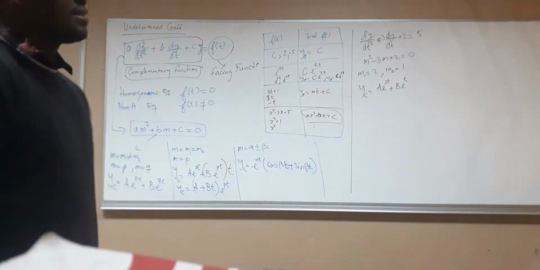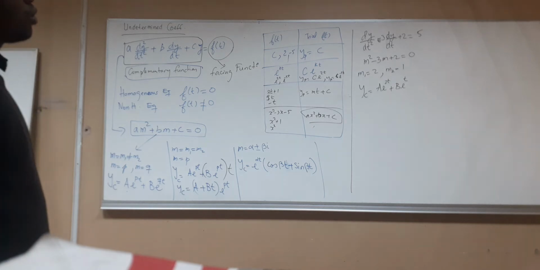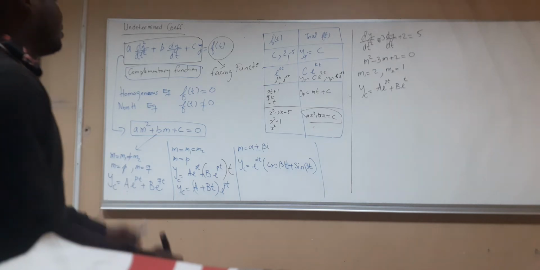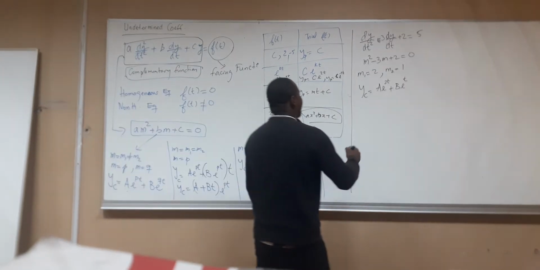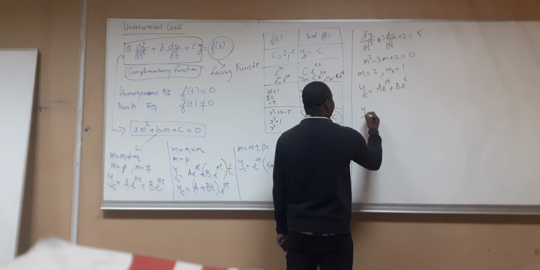So what's the next thing? The next thing is we have to find our particular solution. For finding the particular solution, you check your forcing function. Our particular function will be yp.